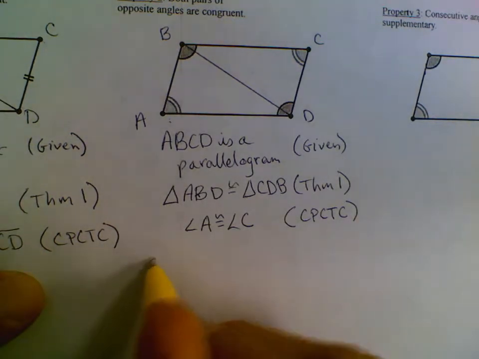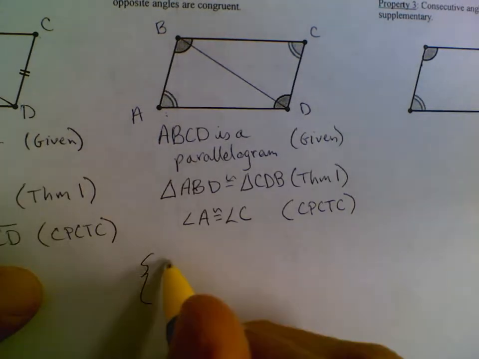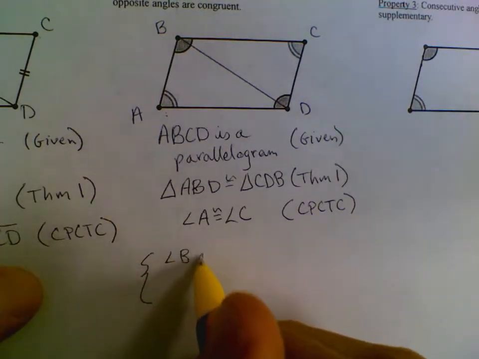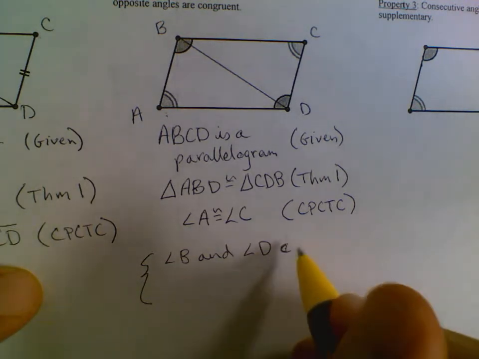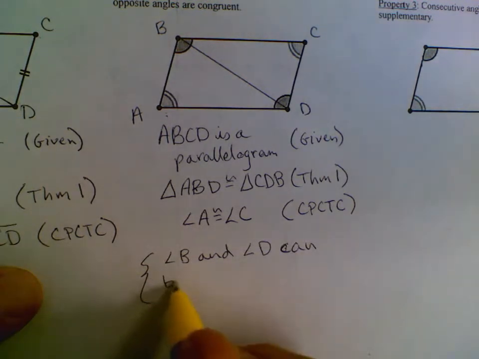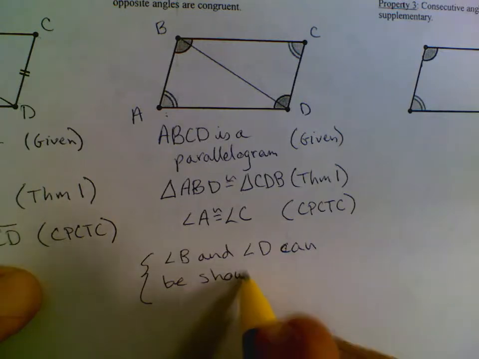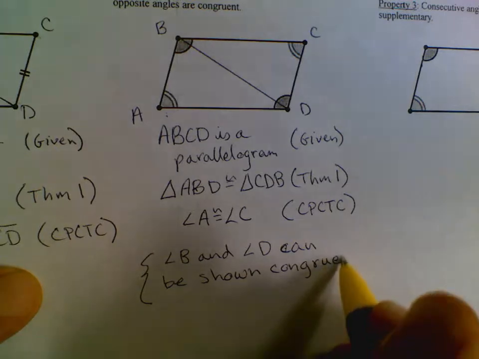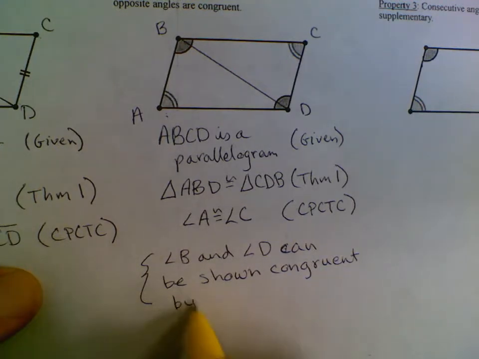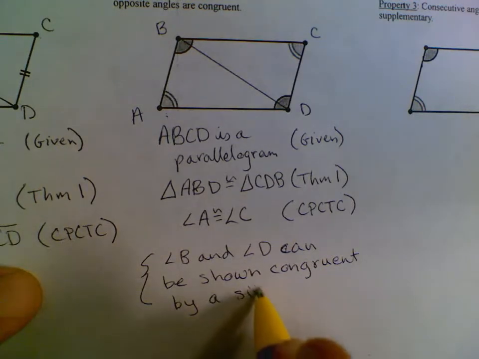And then I'm just going to write a little note down here. Angle B and angle D can be shown congruent by a similar proof.